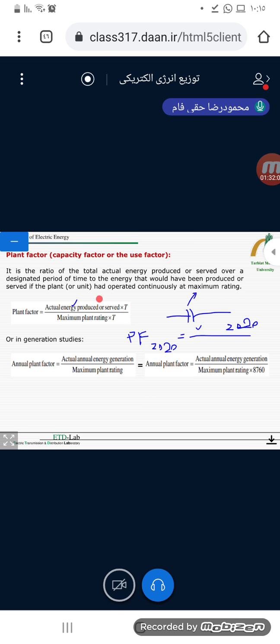This is the energy served or produced, for a generator, and served by other equipment such as transformers and others, divided by the maximum rating of the transformer, for example, 300, multiplied by the time of the year, 365 days times 24 hours, which is the maximum rating multiplied by the time, and here is the actual energy served or produced.